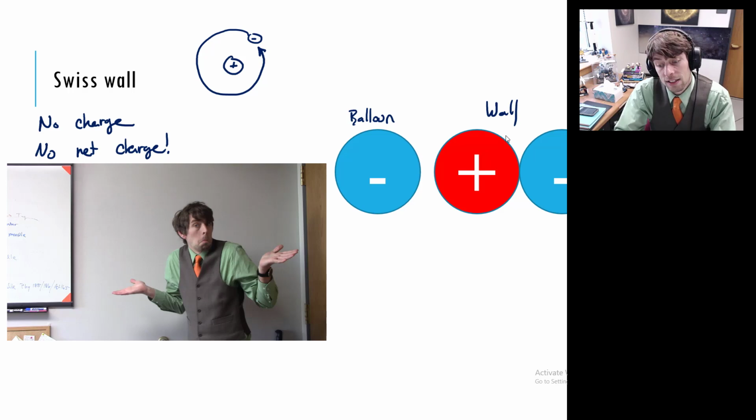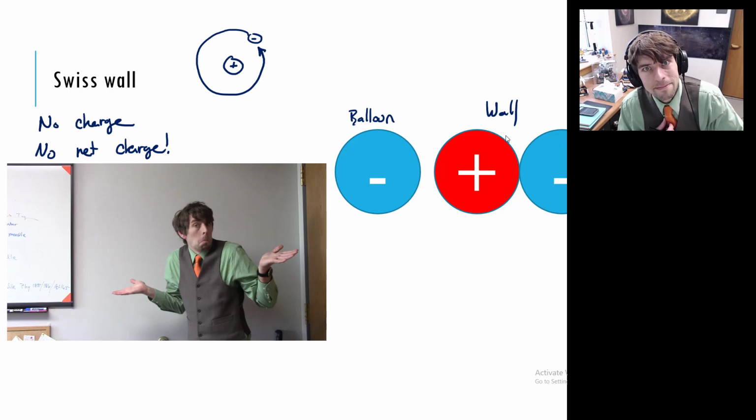We're not ionizing or removing the electrons, ripping them from the atoms that make up the wall, but we're just pushing them off to one side. Well, what does that mean? That means that our balloon, which is negatively charged, is slightly closer to the positive charges in the wall. And that is enough for the balloon to stick.